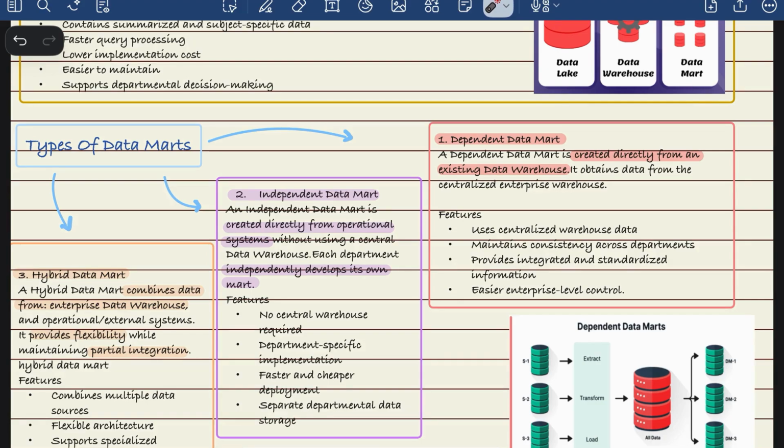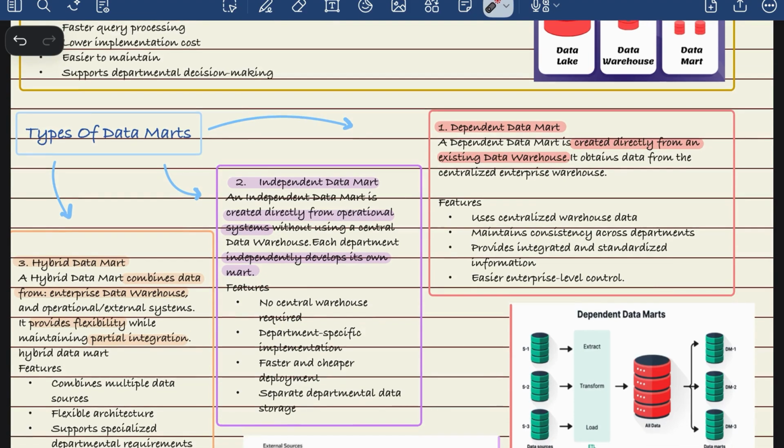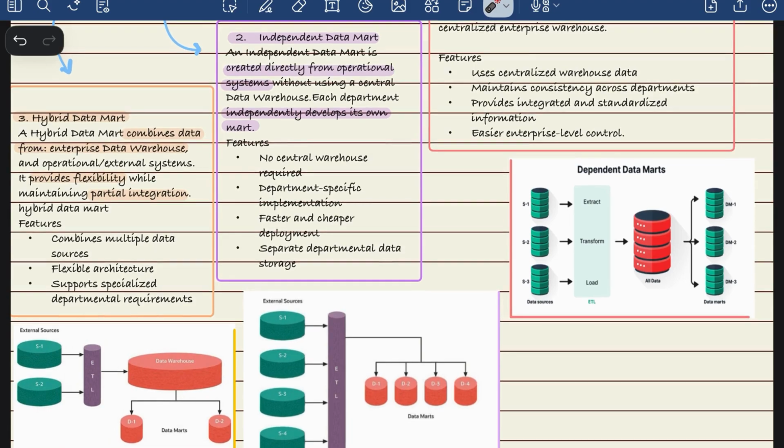Now comes the second type, that is the independent data mart. In an independent data mart, the data is directly created from the operational systems. For example, imagine there is a marketing team in your company, and that marketing team needs analytics right now on what is happening in our marketing trend. But your company does not have a central data warehouse yet.